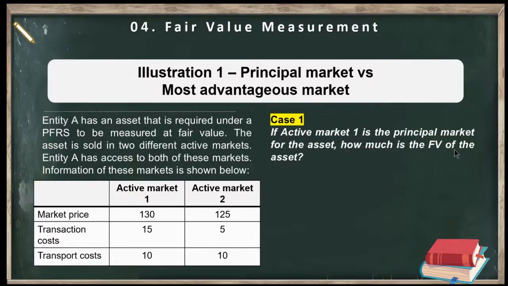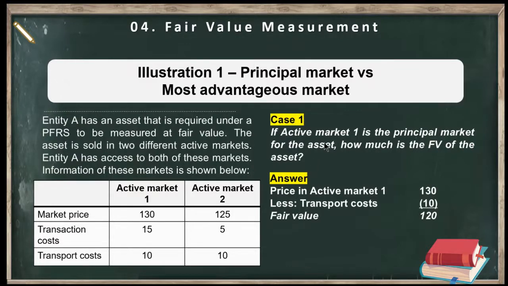Sa to'y rule, para ma-determine ang fair value, you're going to adjust for the transport cost, but not for transaction cost. Again, to get the fair market value, you're going to adjust for the transport costs, but not for the transaction costs. So therefore, since active market 1 is identifiable as the principal market, then we're going to use the price in active market 1.